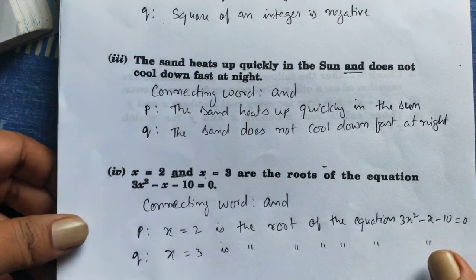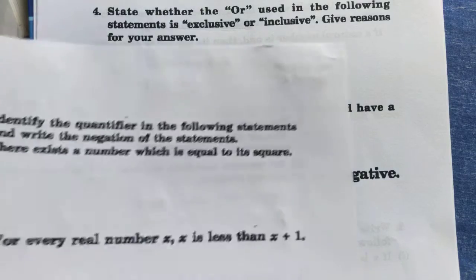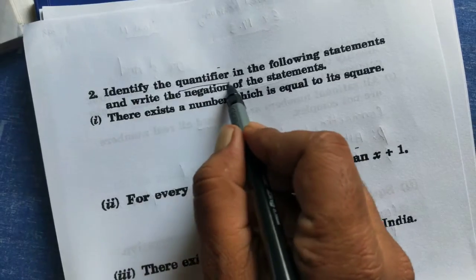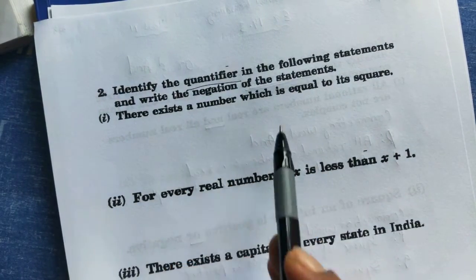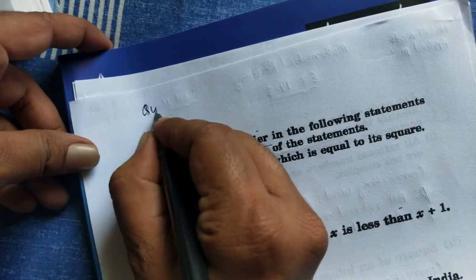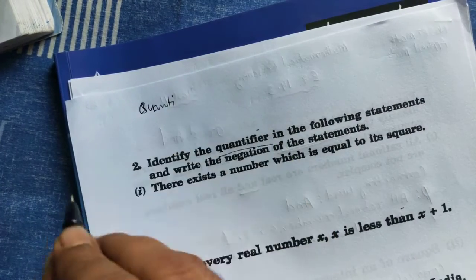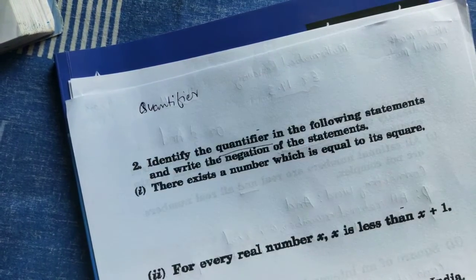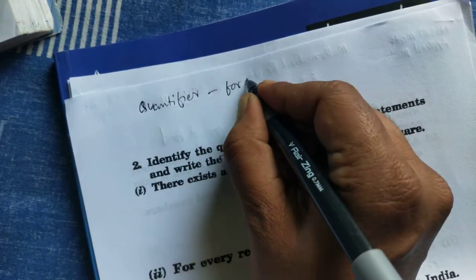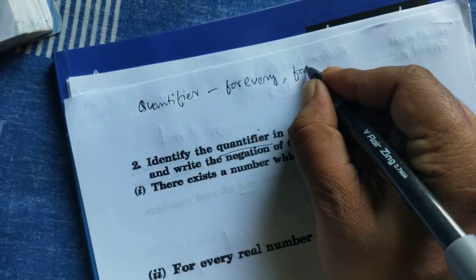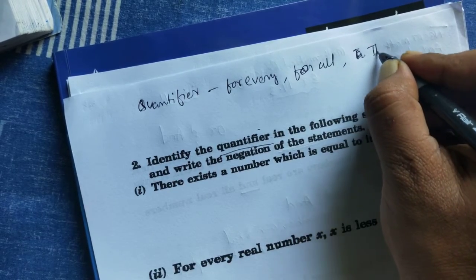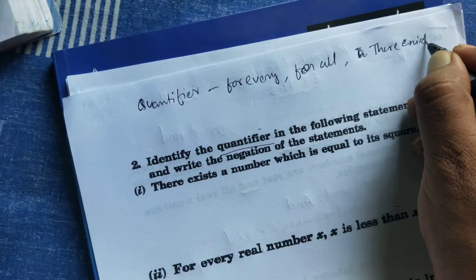Let us do question number 2. Here, identify the quantifier in the following statement and write the negation. Negation means you have to write the opposite statement. Now, what are the quantifiers? Let me explain. Quantifier words we use are for every, or for all, or there exists, or there does not exist.